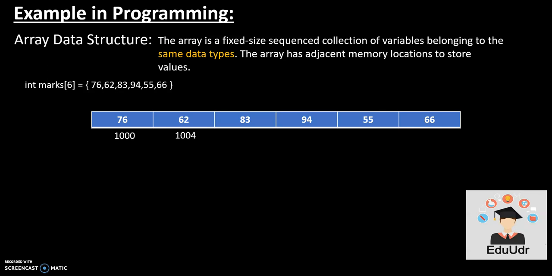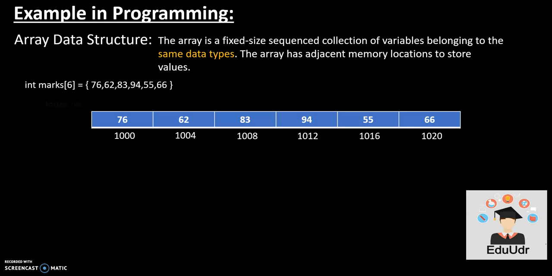So the first 4 bytes are kept for the first element 76 and the next 4 bytes are kept for the second element 62, and so on, till the sixth element will have 1020 as its memory address.